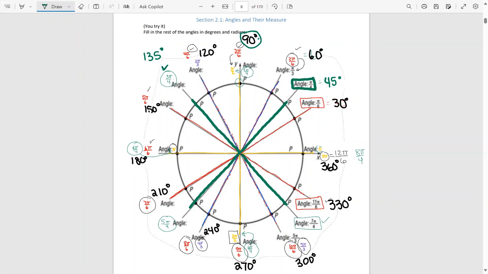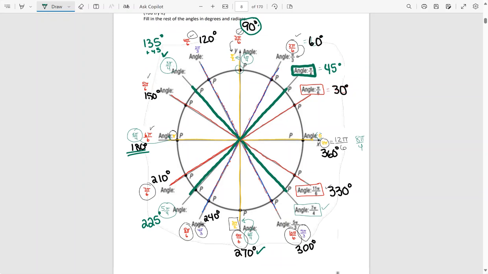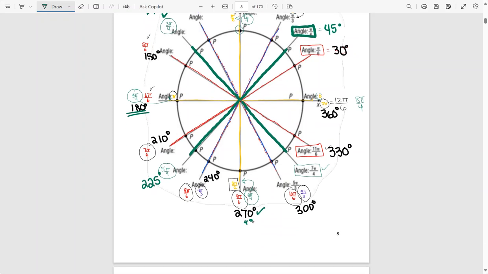The next quadrantal here, add a 45 to this, and that's going to take you to 180 degrees. Add another 45, 225. Add another 45, 270. Add another 45. So what do we get? 45 and 270. So just write it down here if you need to. So we get what? 315.